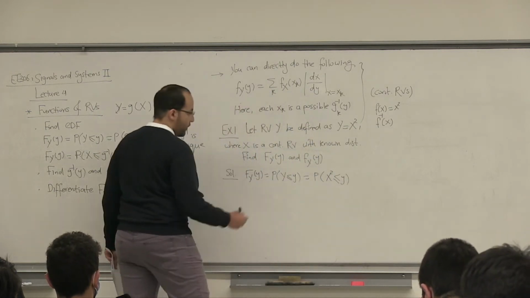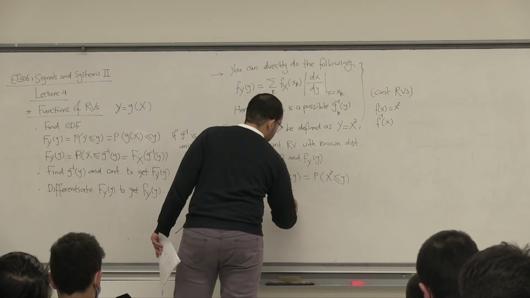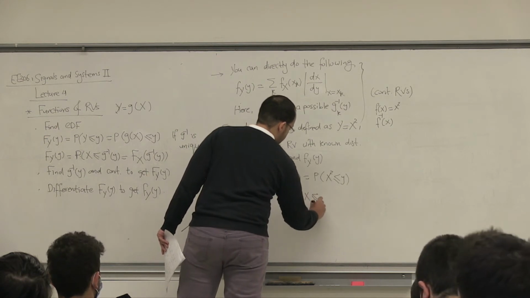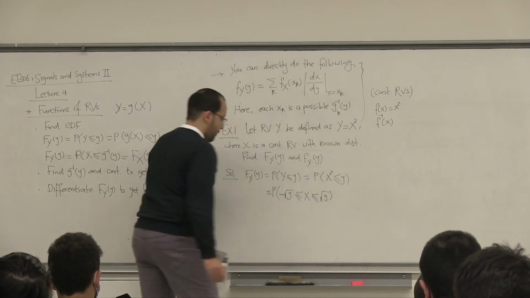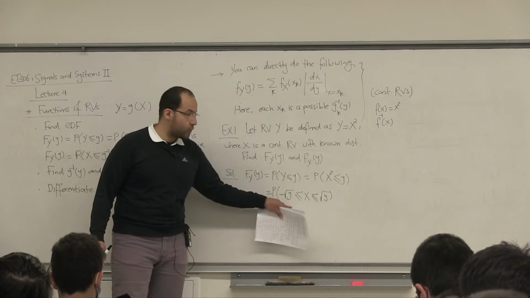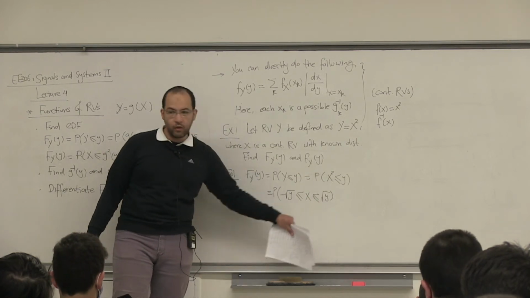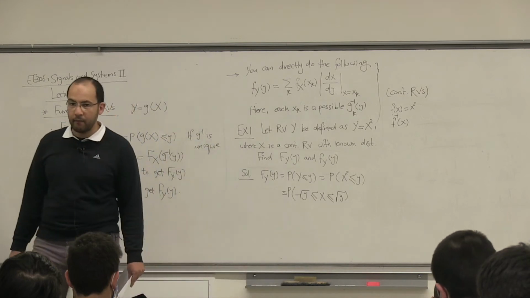So how can we deal with this in terms of probability? We can just write it this way. Everybody's okay with that? If X squared is less than or equal to y, then X is between minus square root y and square root y, right? How can we get this in terms of the CDF?